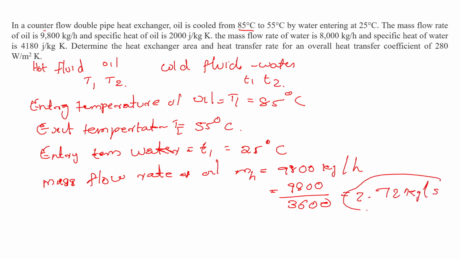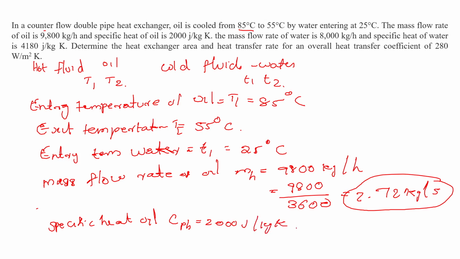Okay, so this we'll use for the further calculation. Similarly, it's given that the specific heat of oil, that we can represent as CPH. It is also given, 2000 joule per kilogram Kelvin.